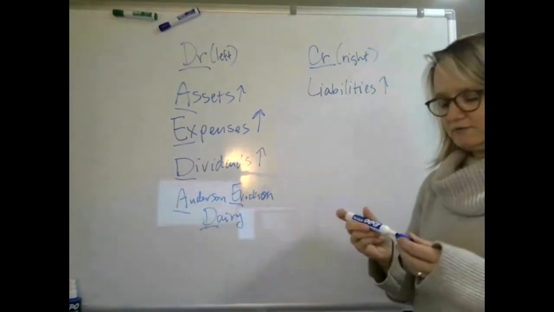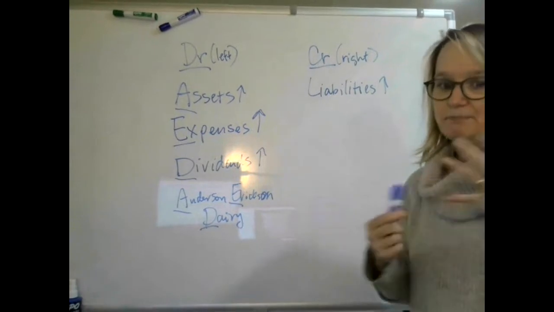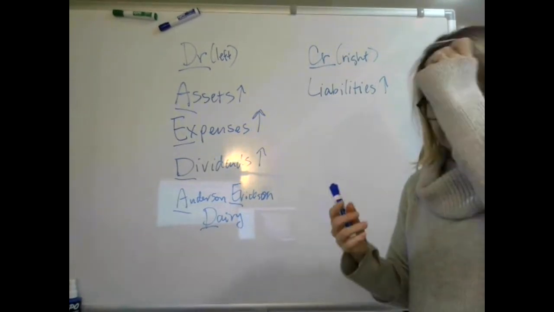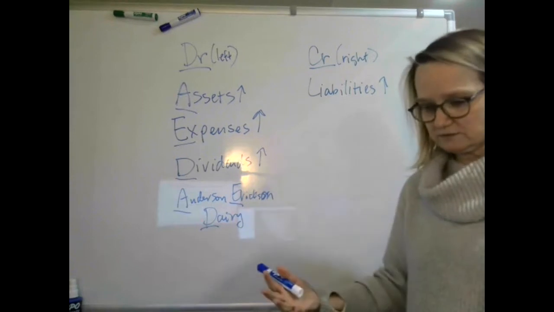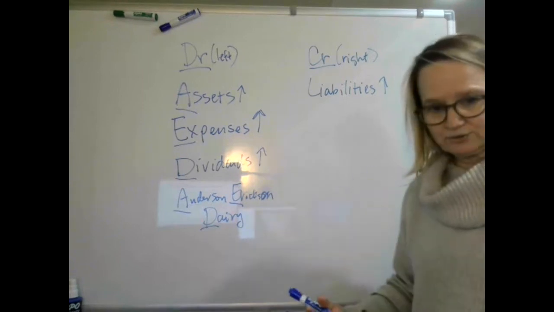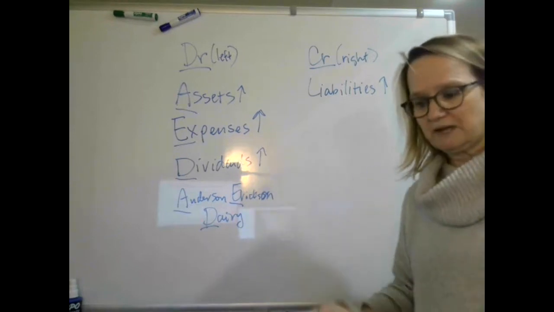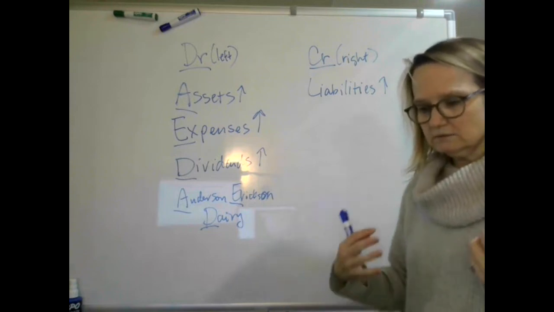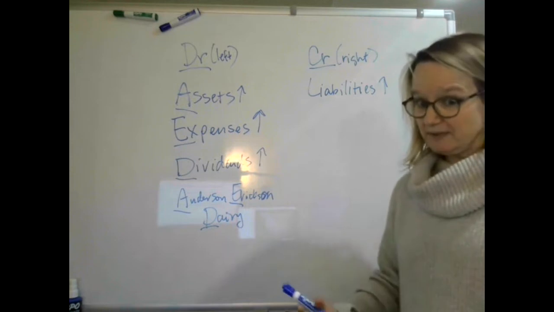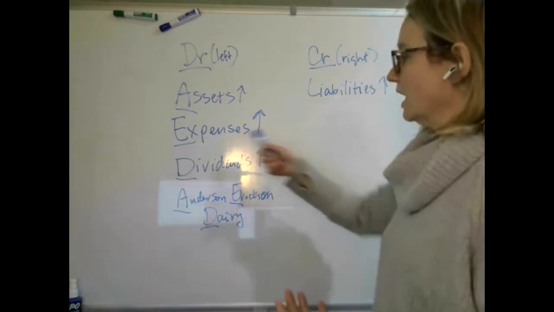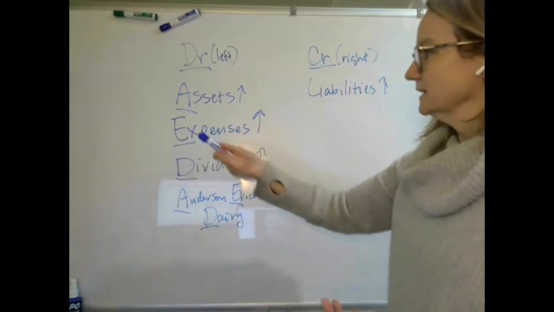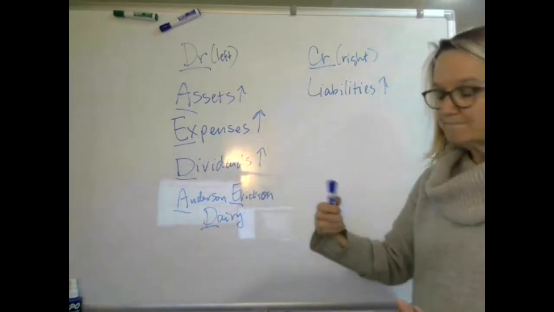So you can think to yourself, if I have an expense, I've incurred some sort of expense. I have to make a journal entry because I have incurred that expense. How do I make that journal entry? Well, it's an expense, so it's one of the E's, it's the Erickson in AED.